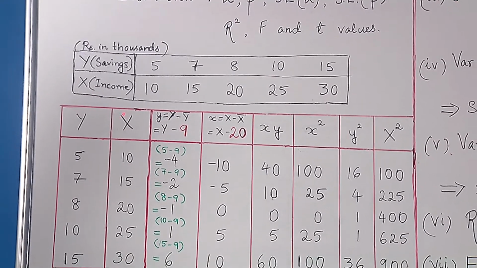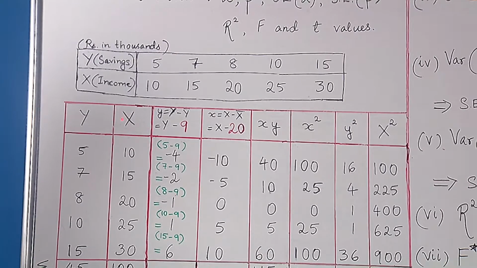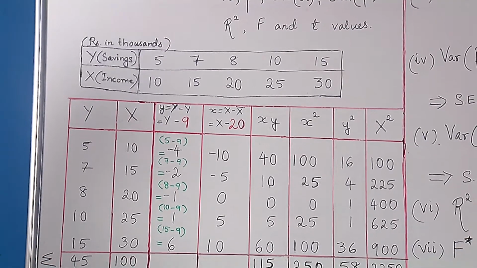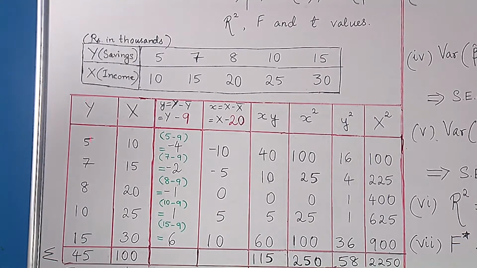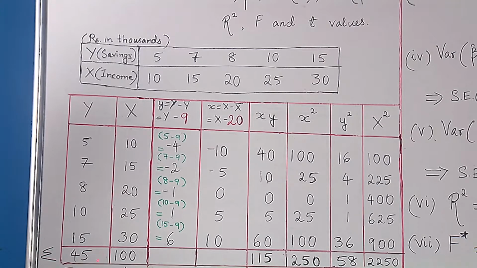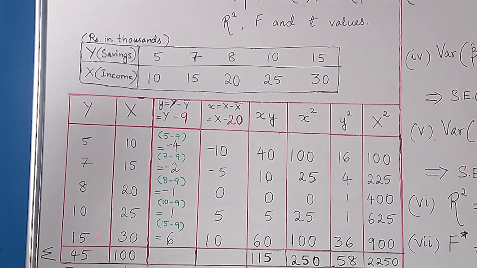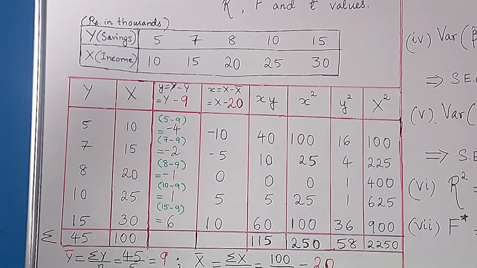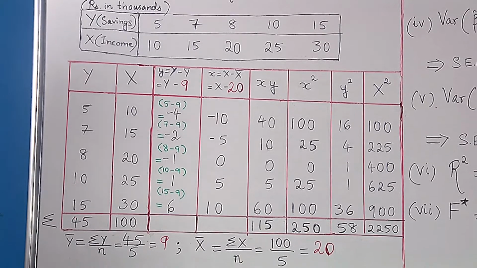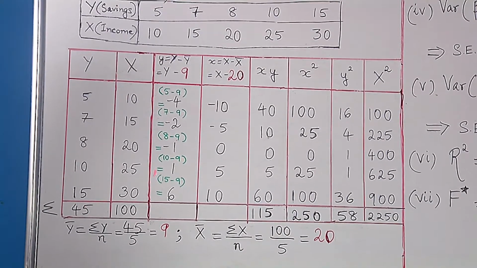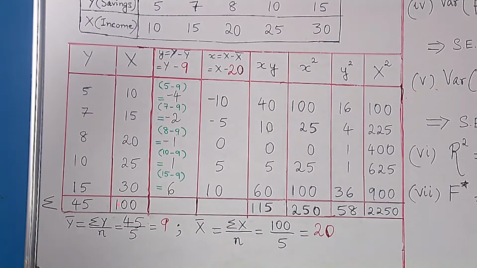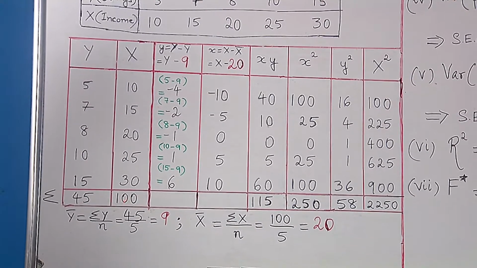The next column is x, which is the income of the household, and it is again in rupees thousands. Take first column y and sum all the y's together, you get the total 45. The same way, sum up all x values and you get the summation total as 100.